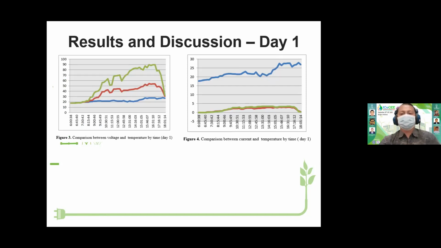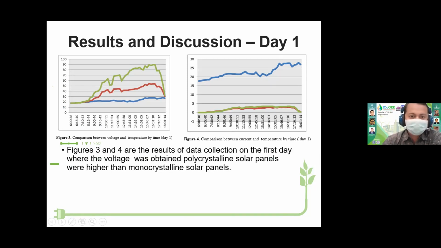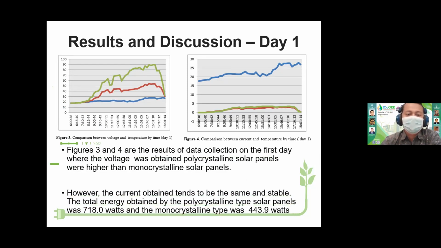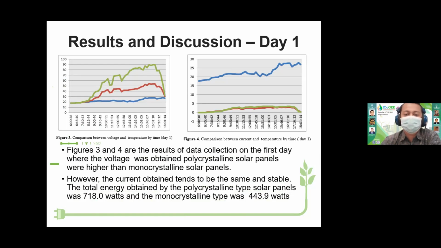Okay, result and discussion for the first day. Figures 3 and 4 are the results of the data collection on the first day, where the voltage obtained from the polycrystalline solar panel was higher than the monocrystalline solar panel. However, the current obtained tends to be the same and stable.